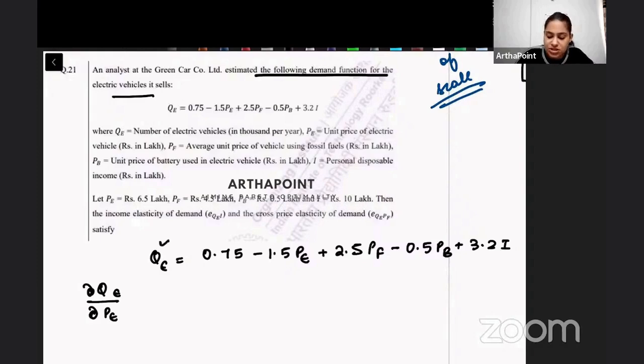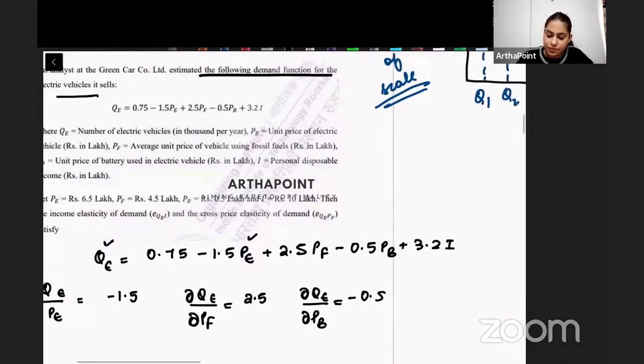If you differentiate this with respect to PE, you just get minus 1.5. Del QE by del PF, you get 2.5. Del QE by del PB, you get minus 0.5. Del QE by del I, you get 3.2.